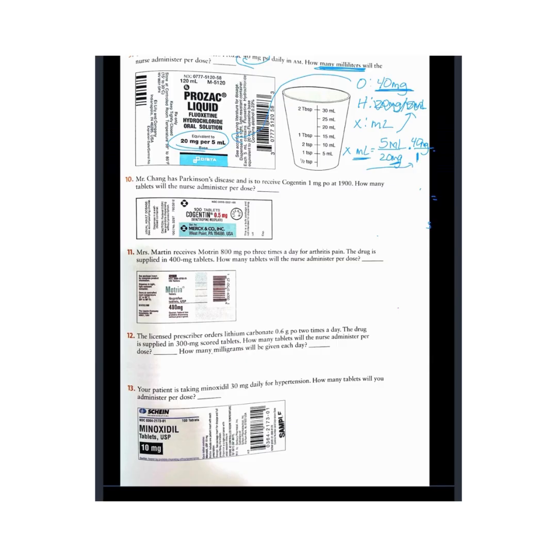So then when I multiply 5 times 40, I get 200 over 20. I want to cross cancel these so that I'm left with mLs. And then when I divide 200 by 20, I get 10 mLs.